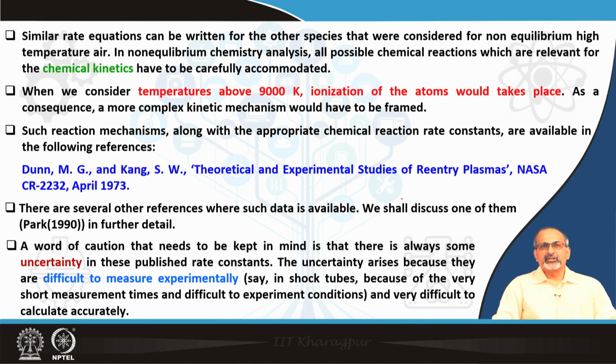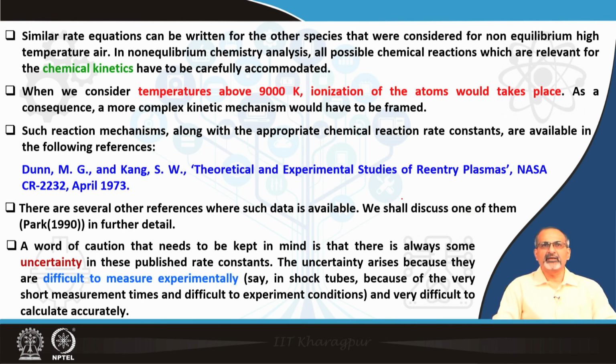And the equations that we considered earlier for high temperature air were basically confined to below 9000 Kelvin, where ionization effects were small or negligible, while if we consider temperatures which are well above 9000 Kelvin, then we would have to further consider ionization of the atoms to take place, and consequently we will have a more complex kinetic mechanism to be considered.